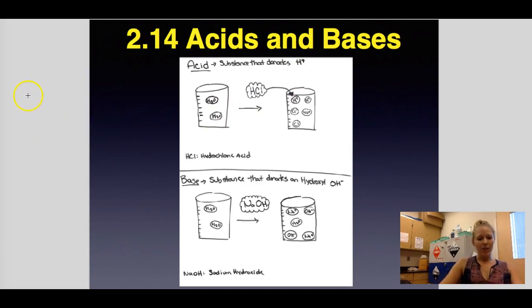If you have HCl, which is hydrochloric acid, an acid that we have in our stomachs, it helps to break down food. It's in our gastric juice, actually.